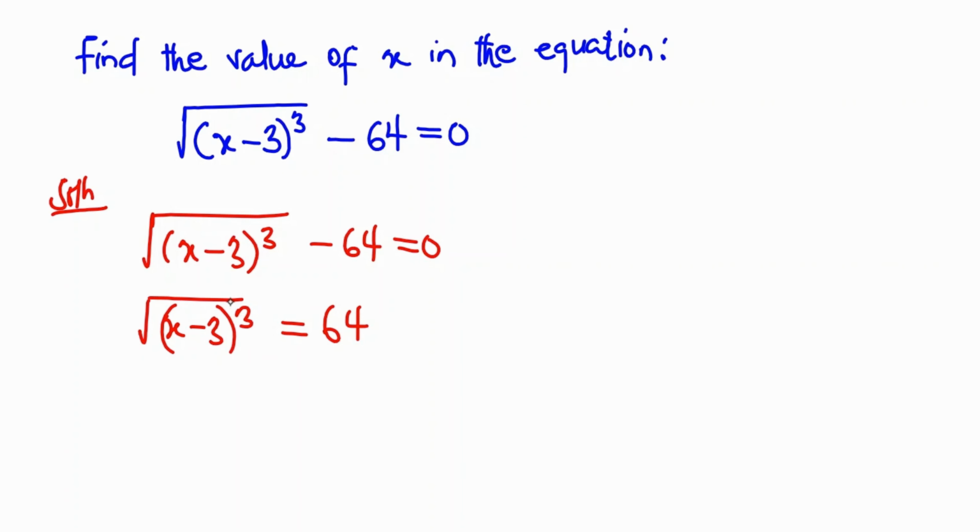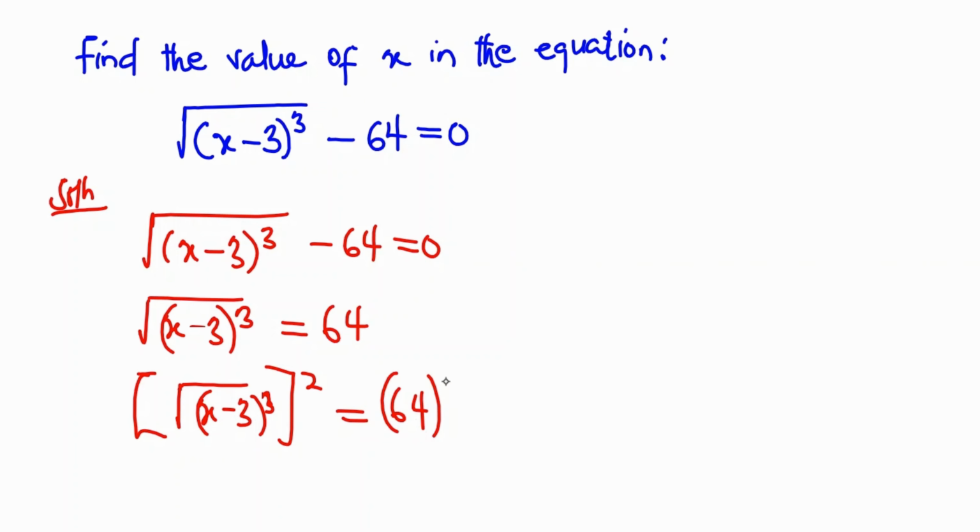Now because there is a square root sign here, we have to eliminate it by squaring both sides of the equation. So here we have the square root of x minus 3 all exponent 3 and then squared. So we square it, and then we also have 64 all squared.